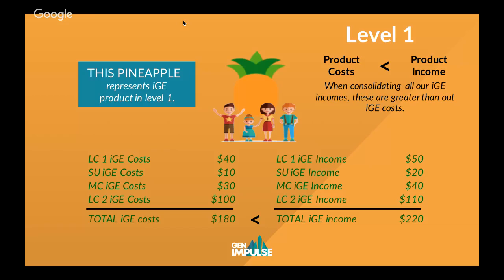Every LC has to have this higher to be in level 1. This means that we can pay for IGE to be run, and this is amazing because this is where it all starts. If you're able to cover your costs with your product, then you can look further and see what it means for organizational costs.